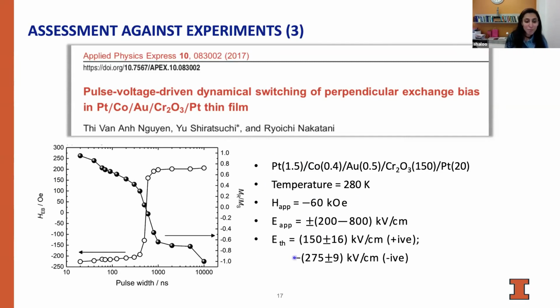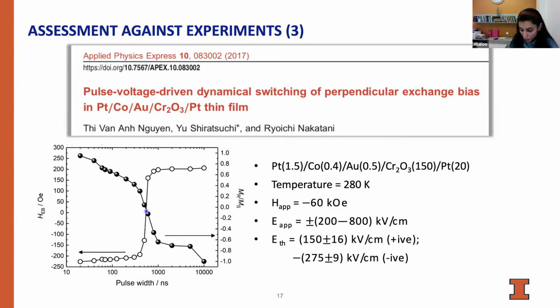But what they do is apply pulses of electric fields in the range of, I believe, 5 nanoseconds all the way up to 10 microseconds, for a number of different electric fields ranging from 200 to 800 kilovolts per centimeter. Then for each amplitude, they measure the exchange bias and the remnant ratio, and they define the switching time as the point where the remnant ratio goes to 0.